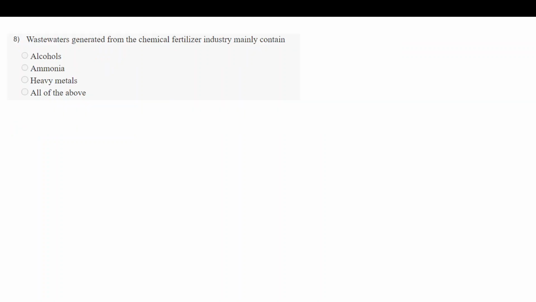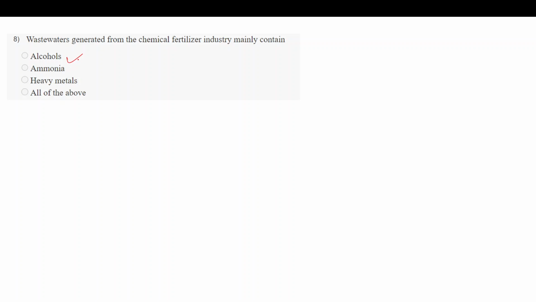Next is, wastewaters generated from the chemical fertilizer industry mainly contain dash. If you look into the options, alcohols, yes, it is present by conversion. The next option is ammonia.